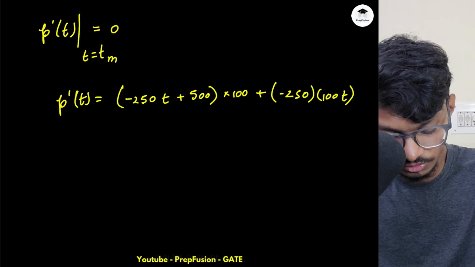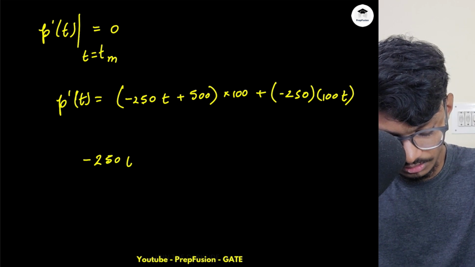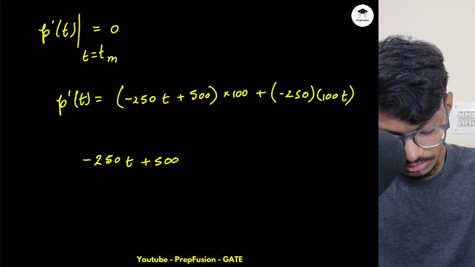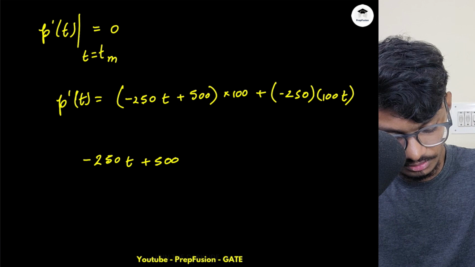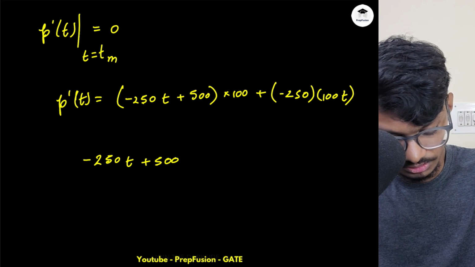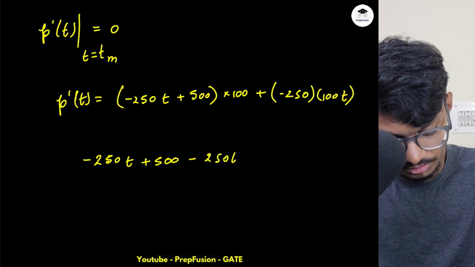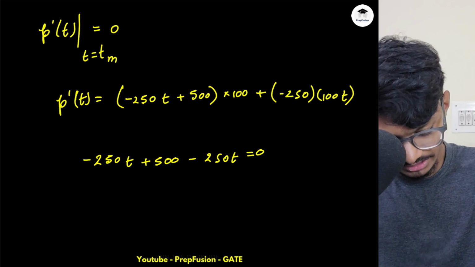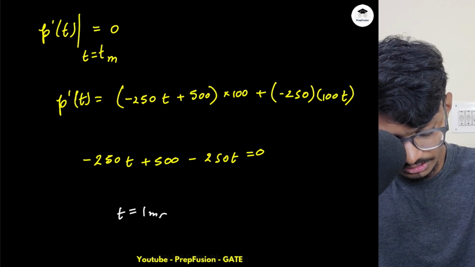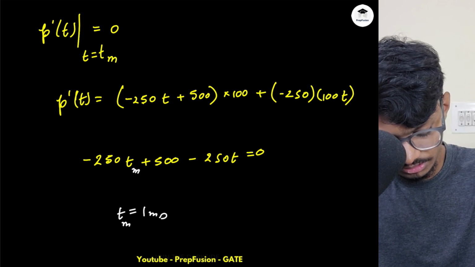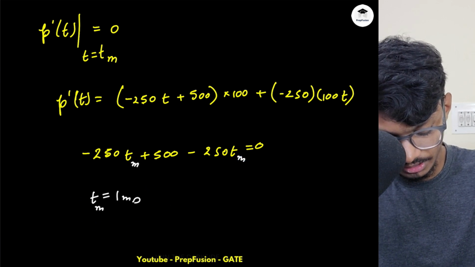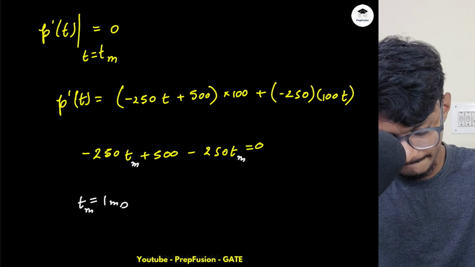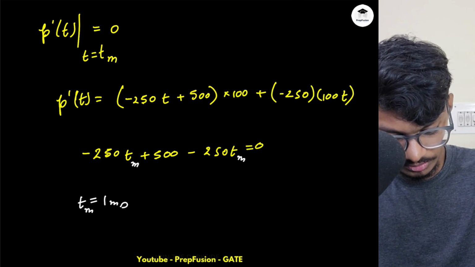If I equate this to 0, this will be minus 250 t plus 500, this is also minus 250 t, equals 0. So at t equals 1 millisecond, tm is equal to 1 millisecond. This is tm, where I'm equating it with 0. So tm equals 1 millisecond, where I'm getting the maxima power.